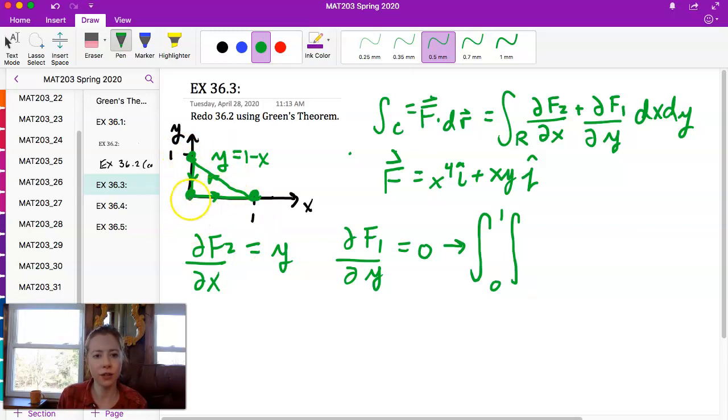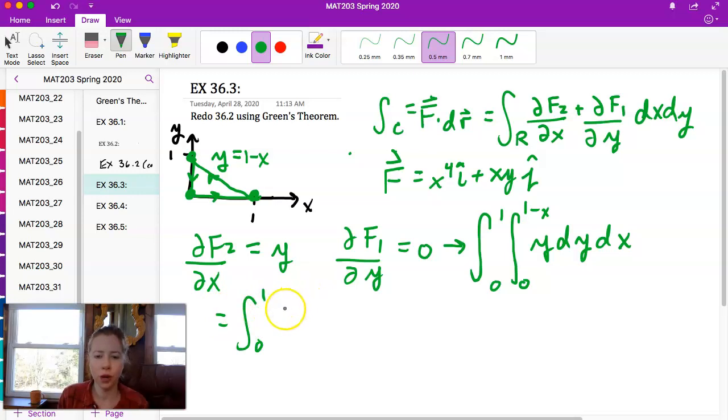So y is going from 0 to 1 minus x. And then we're going to integrate this, and del f1 over del y is 0, so it's just going to be y dy dx.